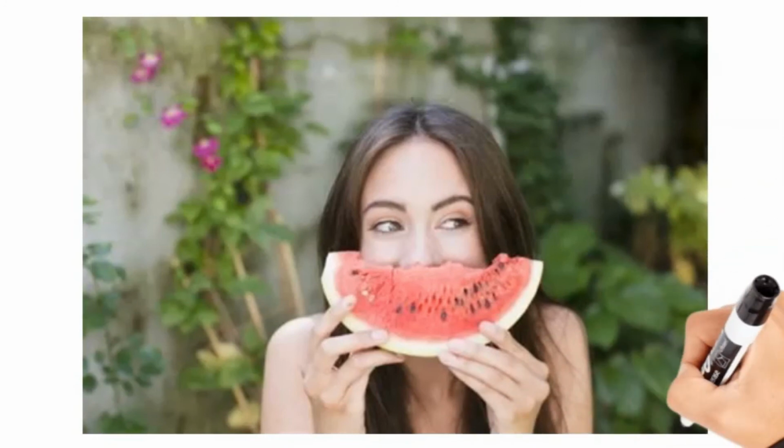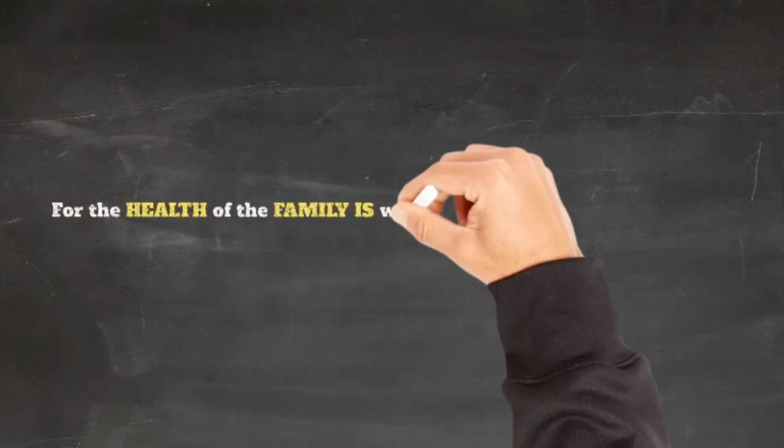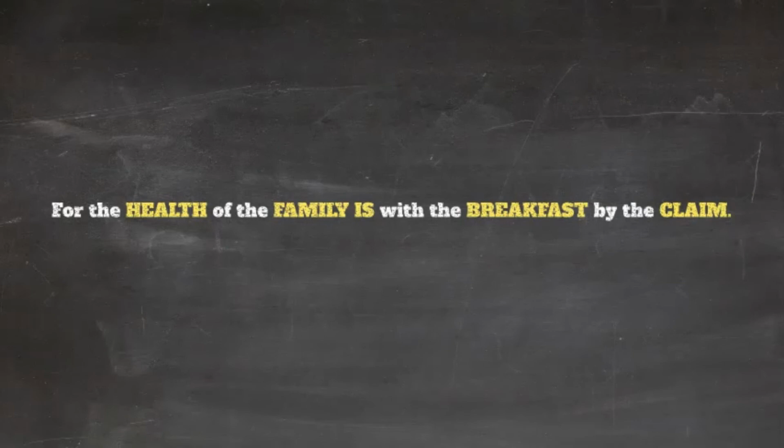Say for example, a mother gets up in the morning and wants to feed her family. If she was to state this claim with a correct sentence structure, it could read something like this. For the health of the family is with the breakfast by the claim. What could happen here is that she could be asked to elaborate on this statement.